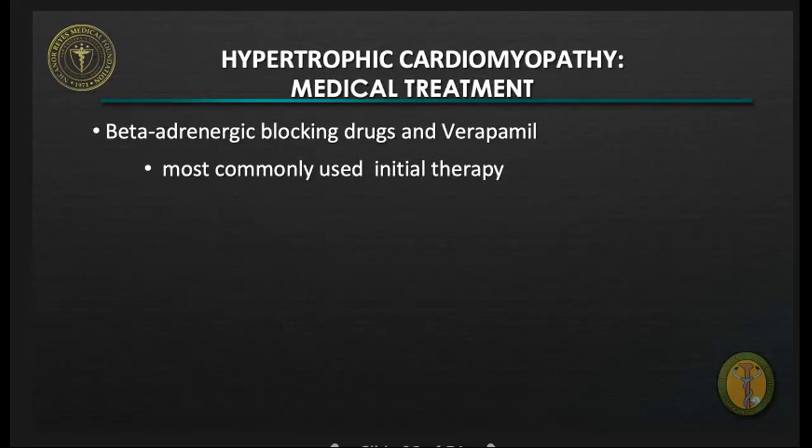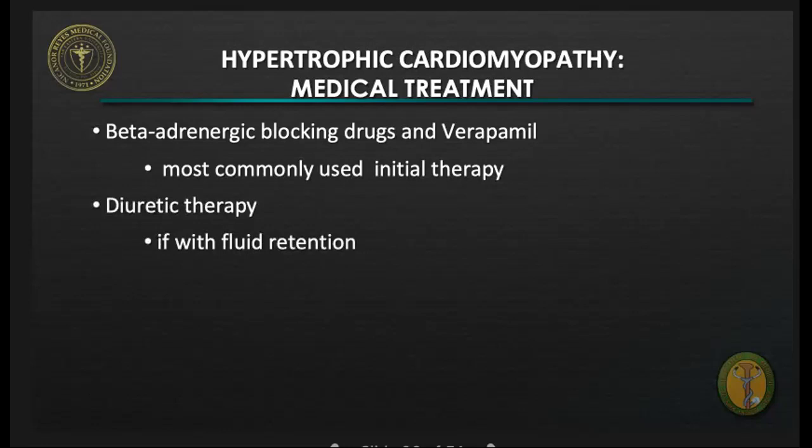So, beta blockers such as metoprolol, carvedilol, bisoprolol, and other beta blockers, as well as the calcium antagonist verapamil, are the most commonly used initial therapy to decrease heart rate and increase the length of time for diastolic filling, as well as to decrease the inotropic state.